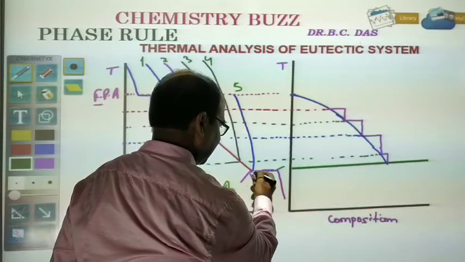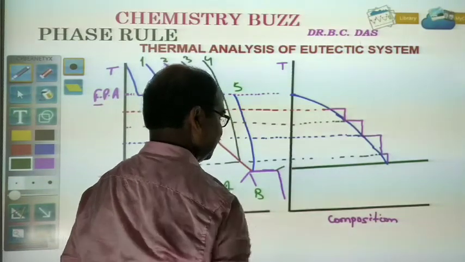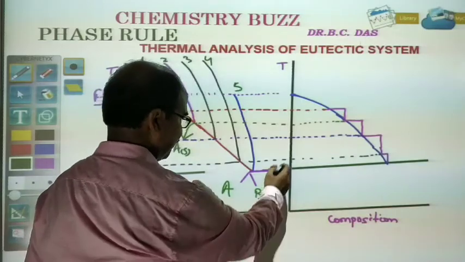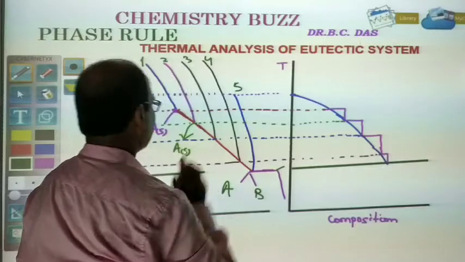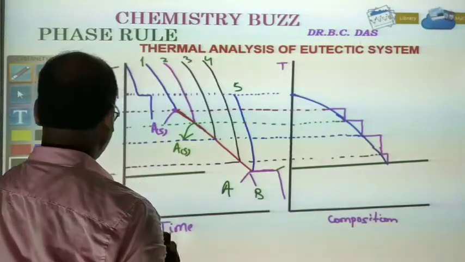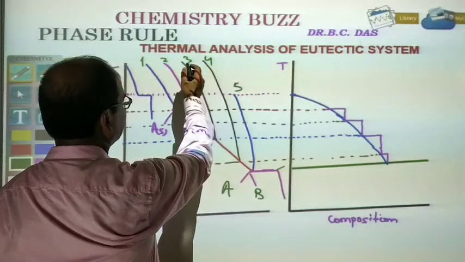And this marks the completion of the solidification, and after completion of solidification the temperature falls sharply.